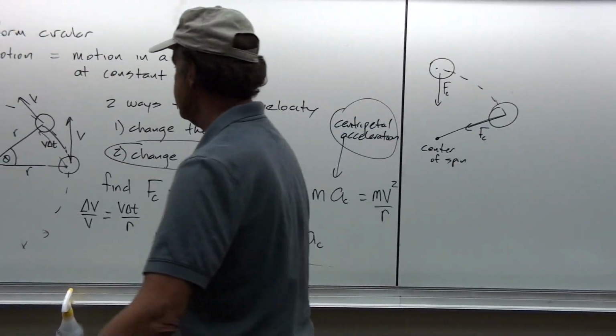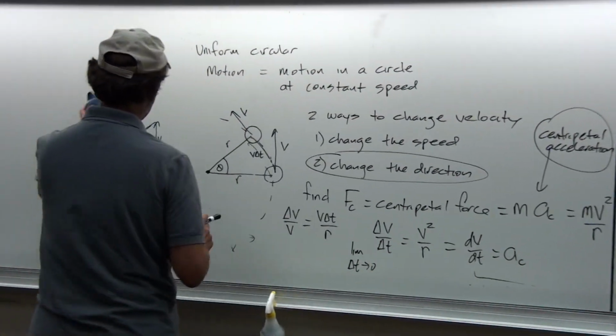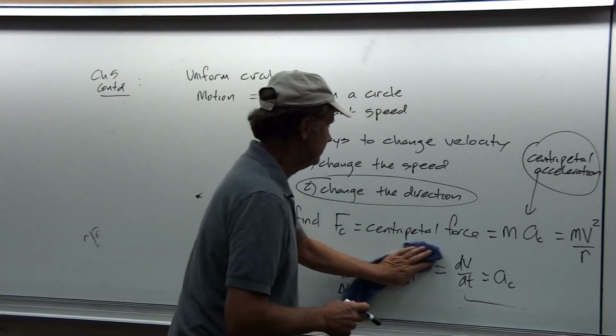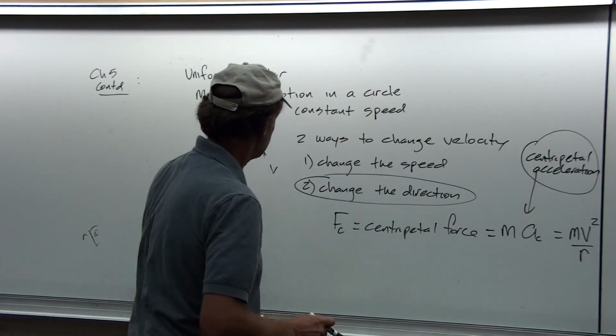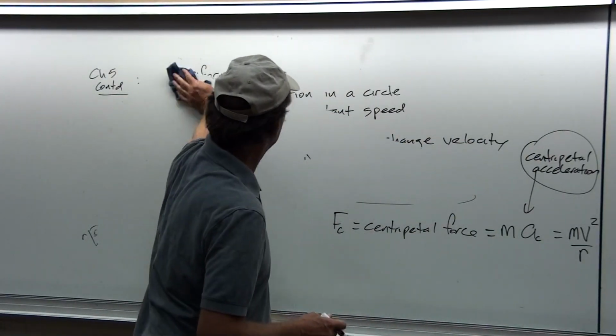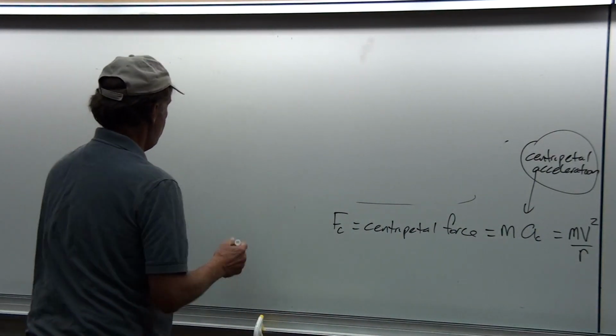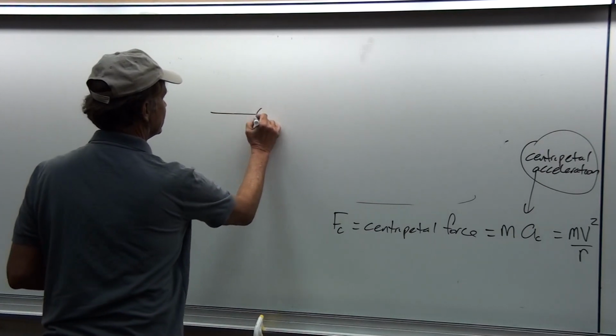Okay, so with that in mind, let's do a simple problem where we've got a mass going round and round in a circle. And let's give some values for the radius and for the mass.